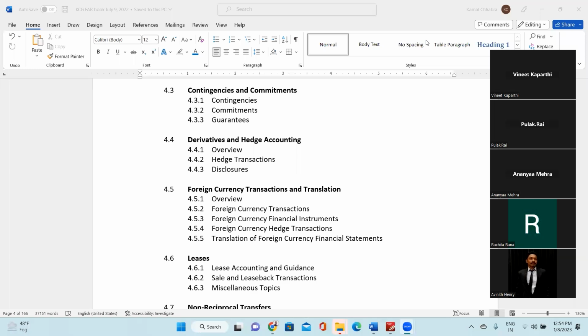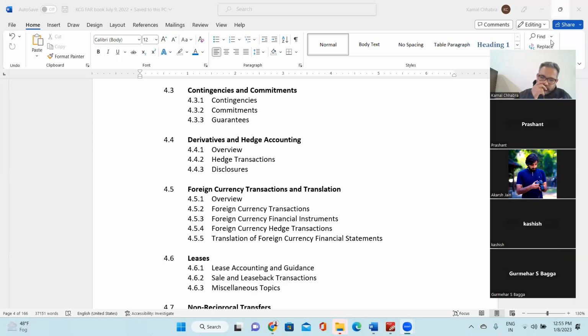So derivatives are basically those instruments which derive their value from an underlying asset, like futures, options, forwards.